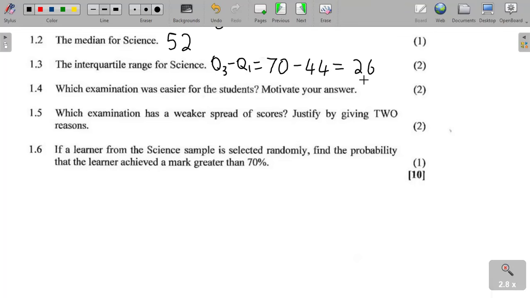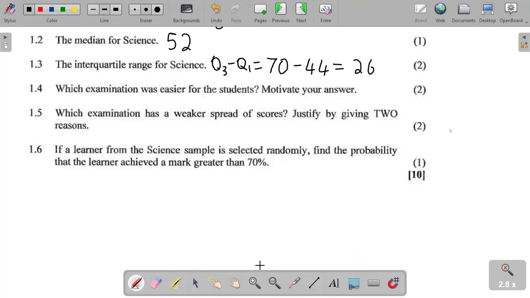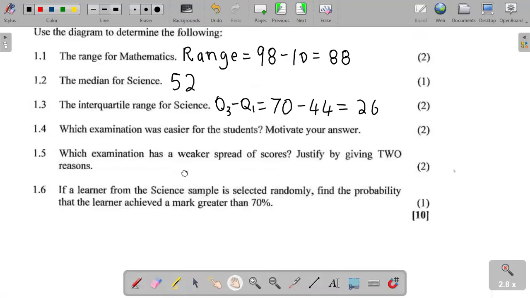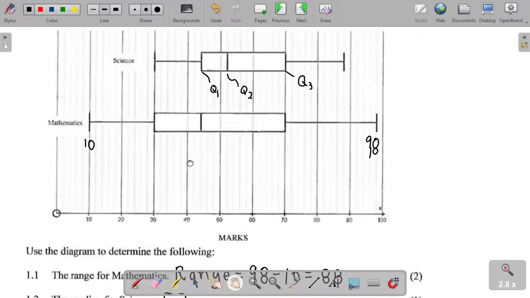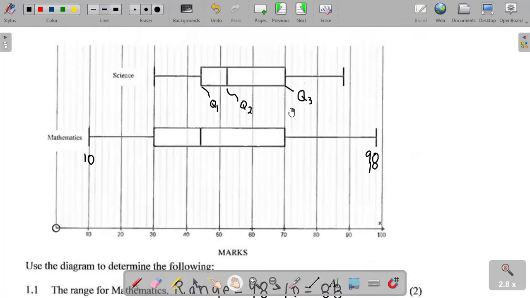And then they say, which examination was easier for the students? Motivate your answer. We must look at the data. We must look at the box and whisker for each. We can see that the values are higher for science.